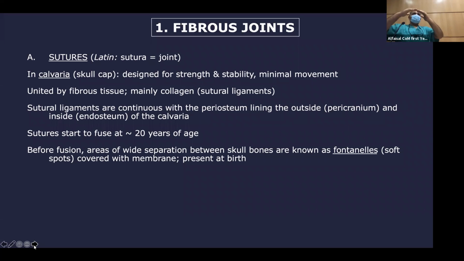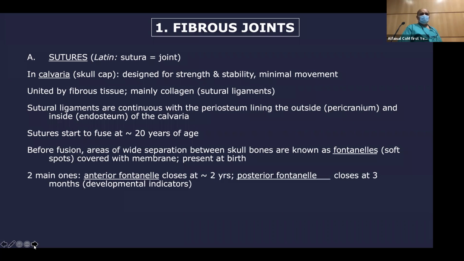So these sutures, roughly till the age of 2 years, if you examine a newborn, you can see a pulsatile area that moves with each breath. And sometimes you might notice that doctors or nurses give some type of injection through this gap, the places where the sutures have not fused together. So we find two main gaps, they are called fontanelles.